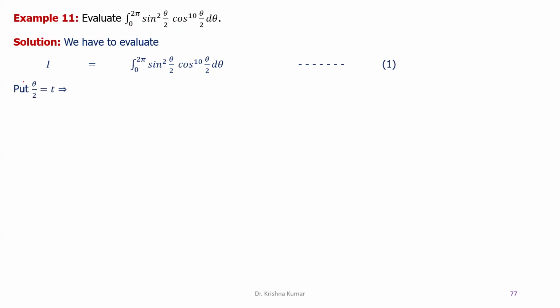Now let us put theta by 2 is equal to t, then theta is equal to 2t, and if we differentiate it, d theta is equal to 2 dt. If we are changing the variable from theta to t, the limits will also change. So if theta equal to 0, then t is equal to 0.